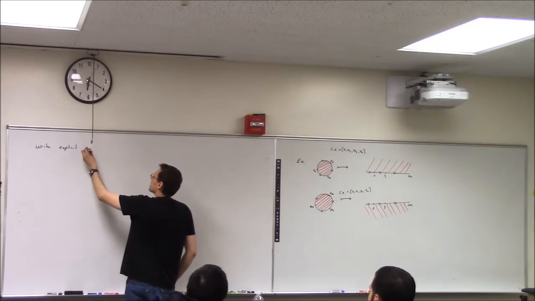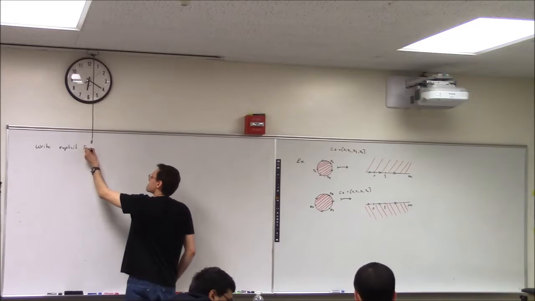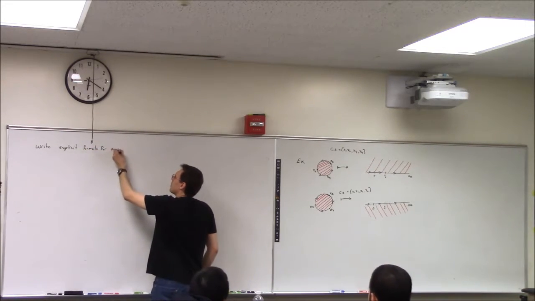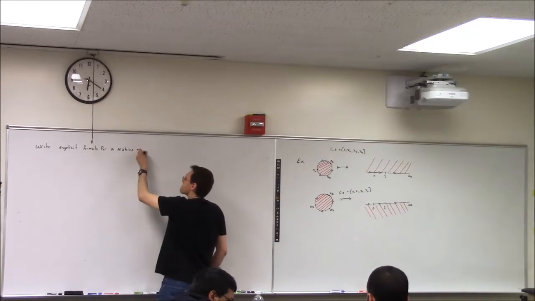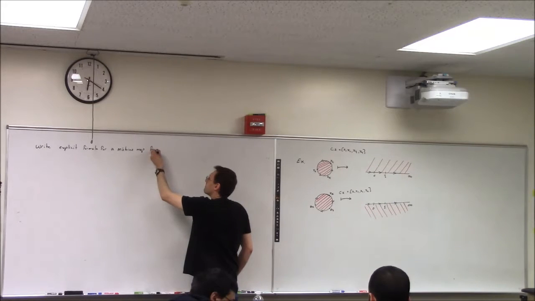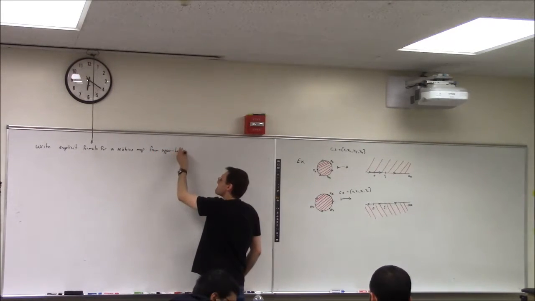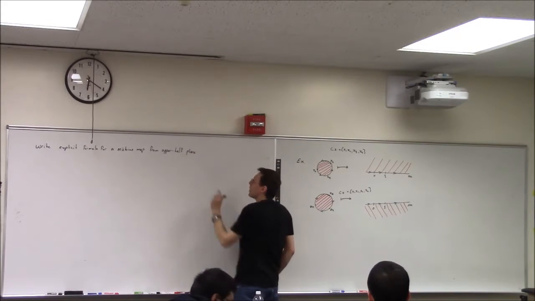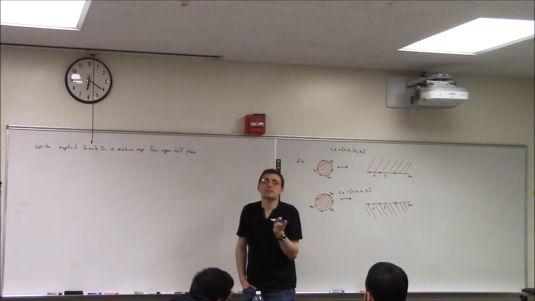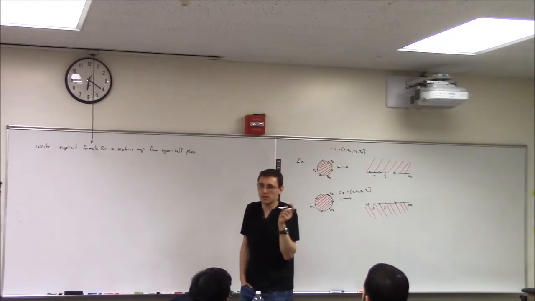Write an explicit Mobius formula for a Mobius map from the upper half plane into the unit disk. The upper half plane, I don't need to explain what it is: it's all points where the imaginary part of z is bigger than 0.